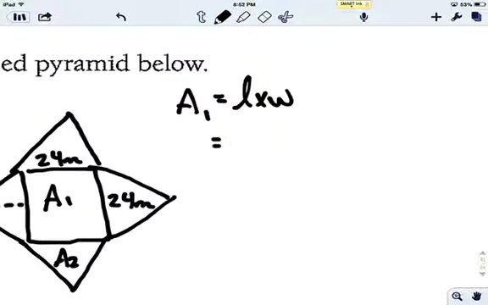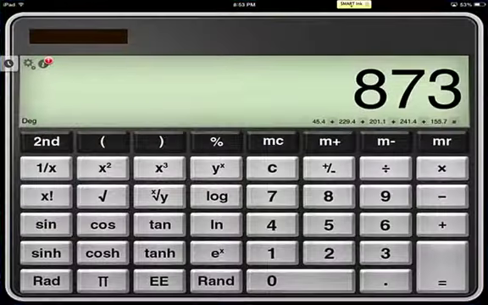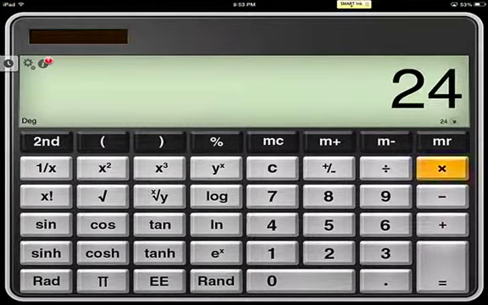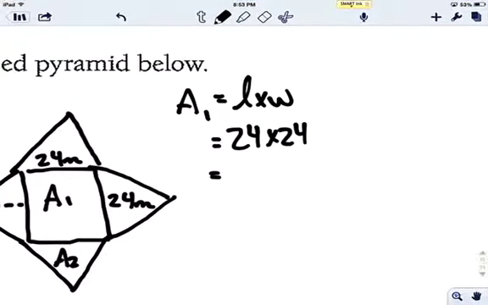The length is 24 and the width is 24. So area 1 is 24 by 24, 576. So area 1 is 576 meters squared.